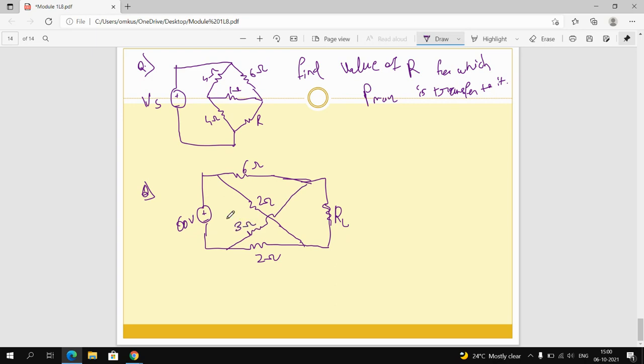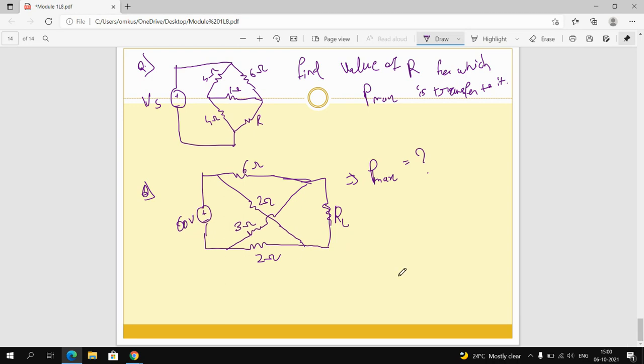This is 3 ohm. So here you need to find out the value of RL also, and also find the Pmax transferred to that load. So here also you need to find Pmax. So those are two problems you need to solve, and I will ask the answers of these two questions in your next class.